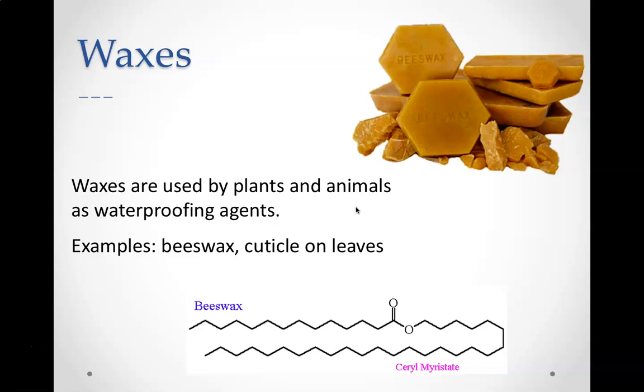Different birds have this on the outside of their wings so that if they're diving into water for food, as soon as they come out of the water, that water's not going to clog their wings. They can dry off really quickly. Also, beeswax is obviously made of wax, and there's a different cuticle on leaves as well. So we won't be focusing too much on waxes, but knowing that it's out there and that it's a lipid is important.